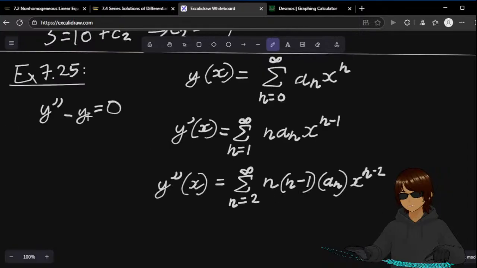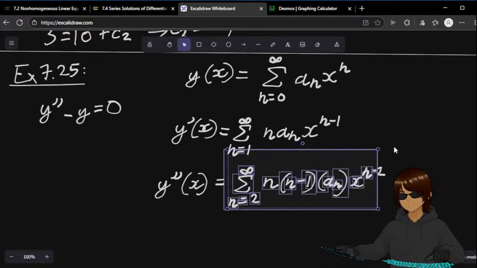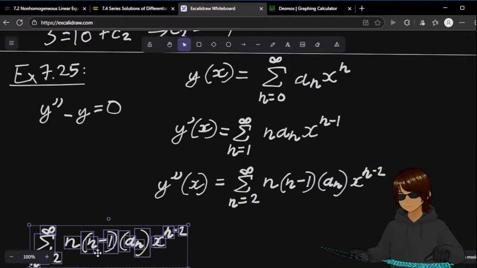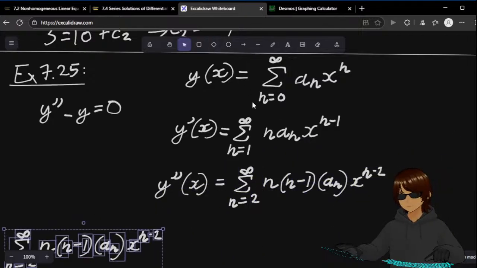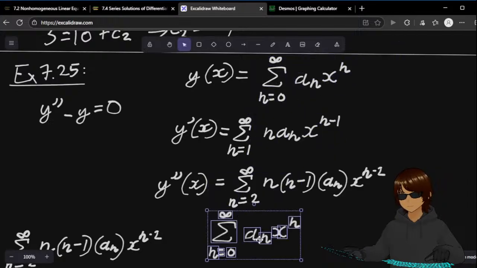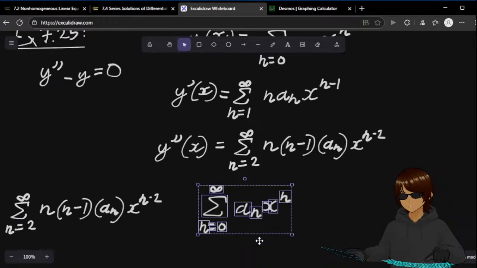So this minus this gives 0. So what they're saying is that this minus this gives 0.